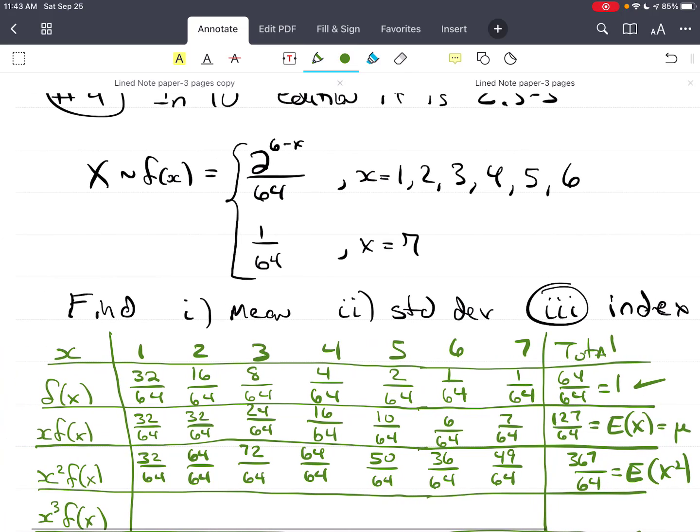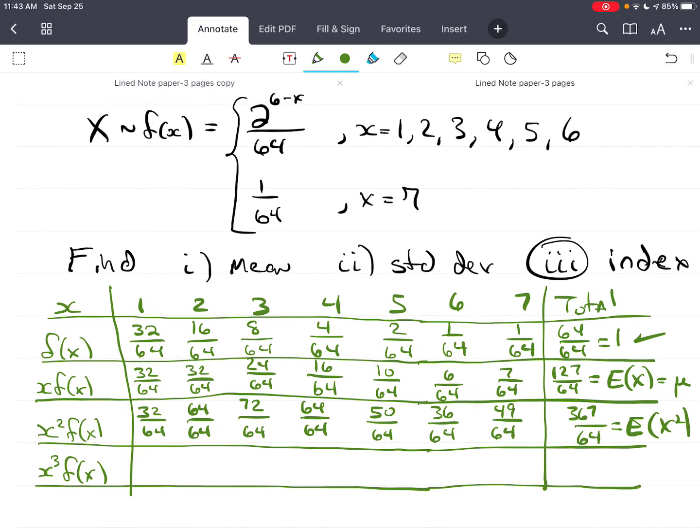And finally, to calculate x cubed f of x, I'm going to take x times x squared f of x. And so 1 times 32 is 32 over 64. 2 times 64 is 128 over 64. 3 times 72 is 216 over 64. 4 times 64 is 256 over 64. 5 times 50 is 250 over 64.